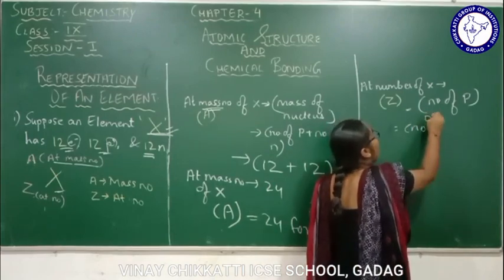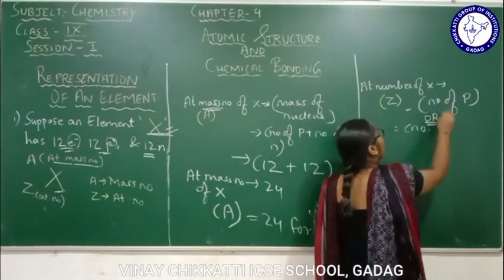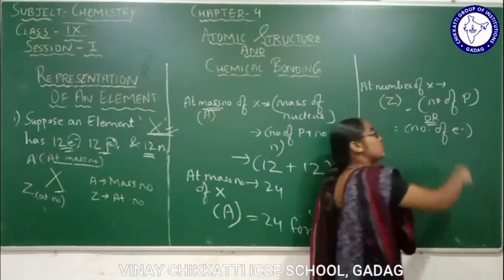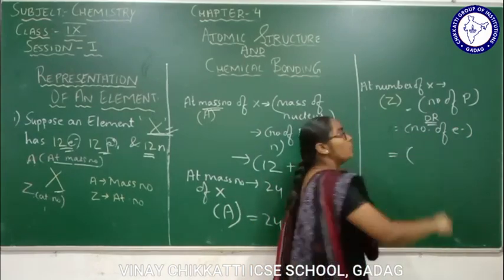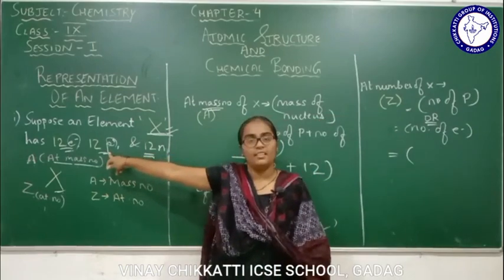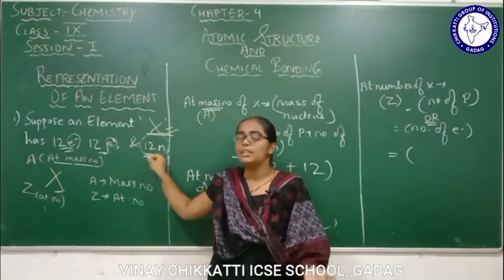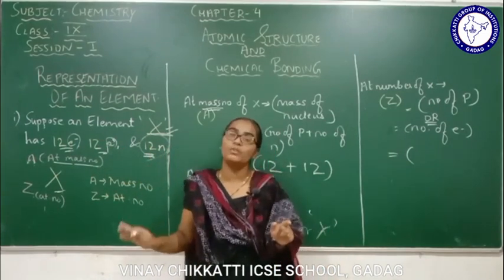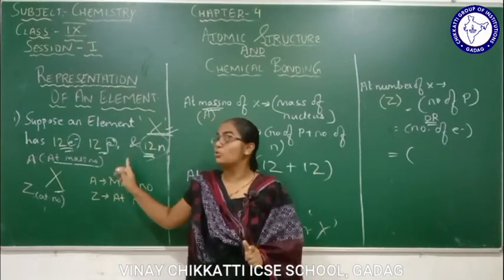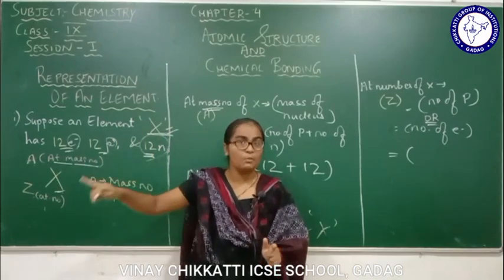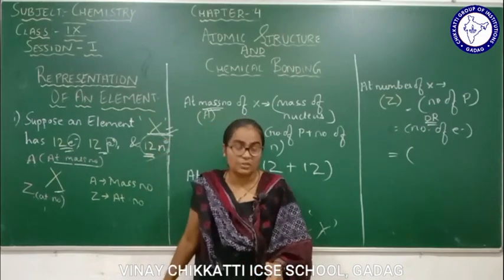I am using the word "or" to mean the optional one, but most of us take the number of protons only, right? In element X the number of protons was 12 and the number of electrons is also 12; they are both the same. But in another element it will keep varying. The number of neutrons will not be exactly equal to protons and electrons. Keep in mind, what is exactly equal is protons and electrons. The number of positive charges will always equal the negative charges. Neutrons do not have any charge, right?